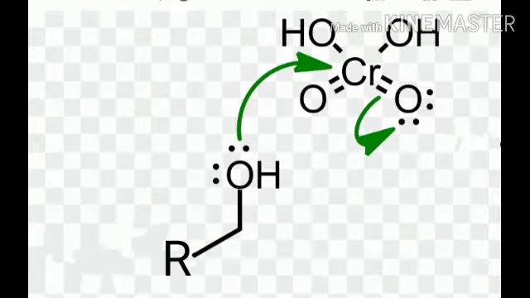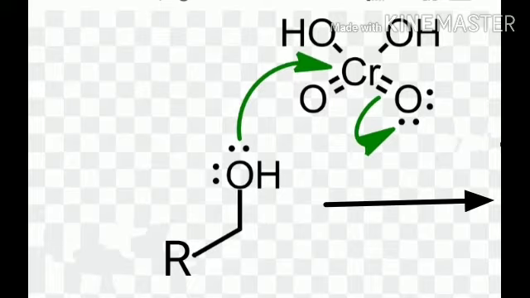the mechanism by chromic acid for the oxidation of primary alcohol is shown here. The alcohol first of all attacks the chromic acid, with the lone pairs of oxygen attacking the chromium, to get our next intermediate, like this one.